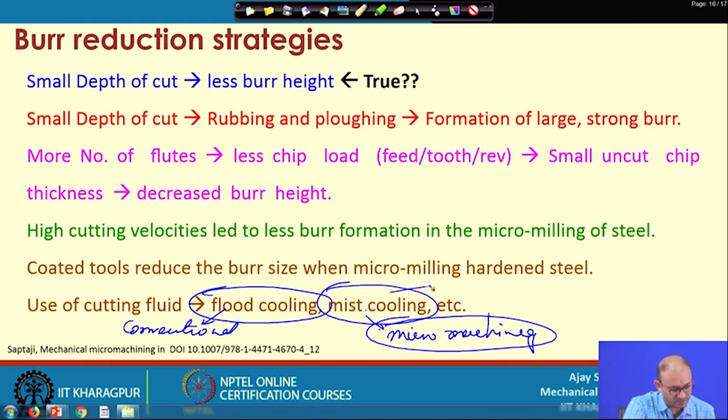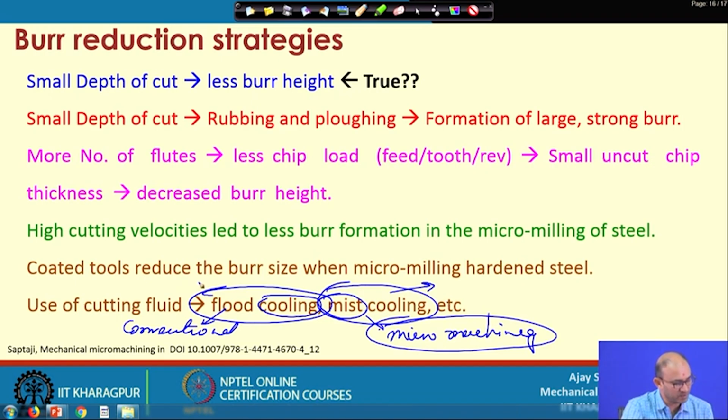Mist cooling is a very fine mixture of the fluid, that is coolant, as well as air, so that you end up with a very fine mist of the coolant and air mixture, and that is very easy to modulate or easy to focus on some location.